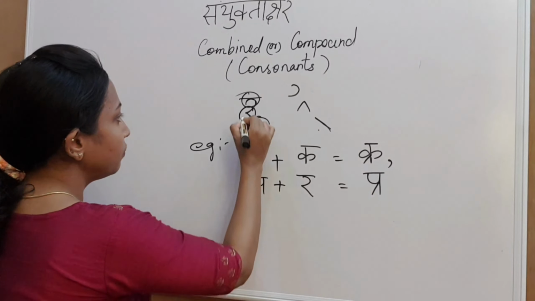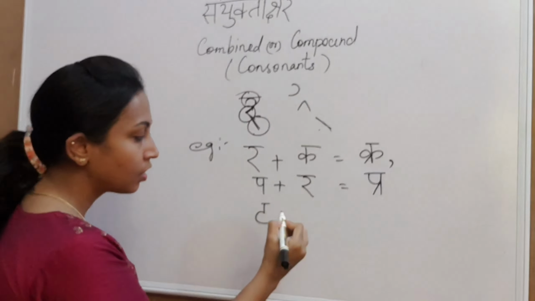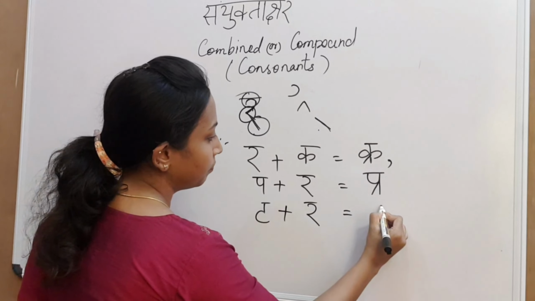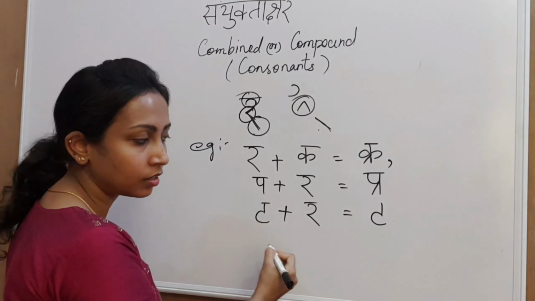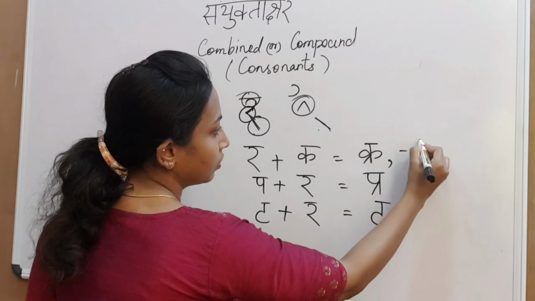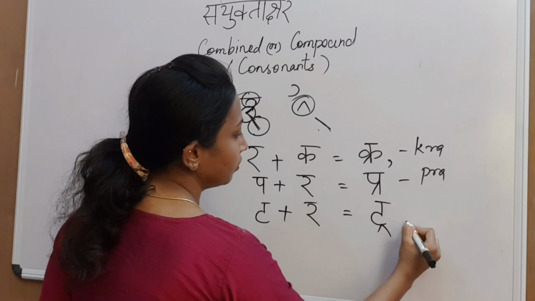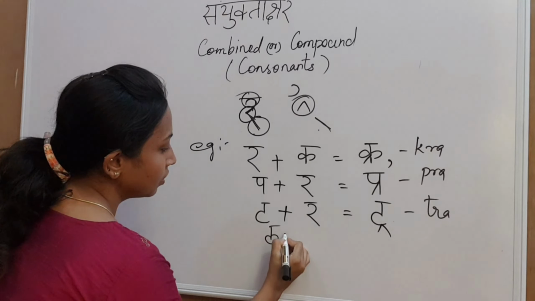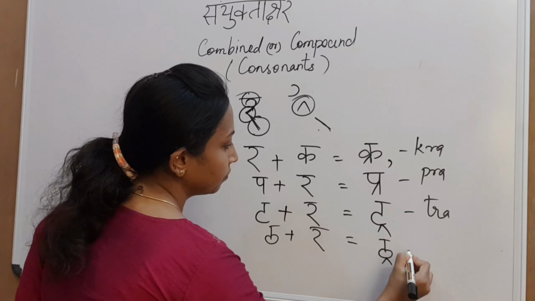When ta is combined with ra, we take this part and we say tra. So kra, pra and tra. The same way, when tha is combined with ra, we get tra, like this.